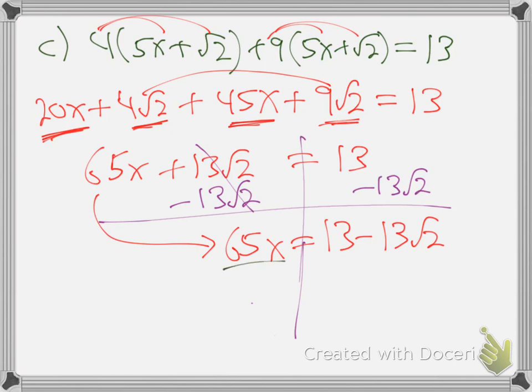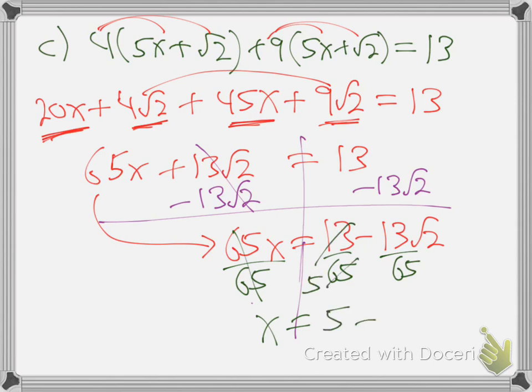Now, when you divide by the 65, remember you have to divide all of them, don't you? Right? Whatever you do to one side, you do the other, all the terms, treat them all the same so you haven't changed anything. Now, calculator, 13 goes into 65 5 times. So is the answer 5 minus 5 root 2? Is that right?